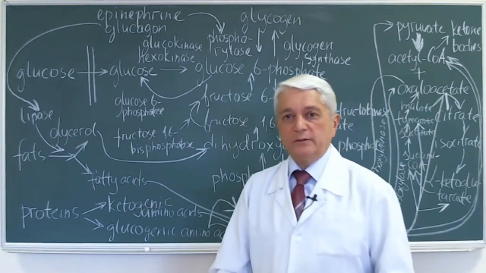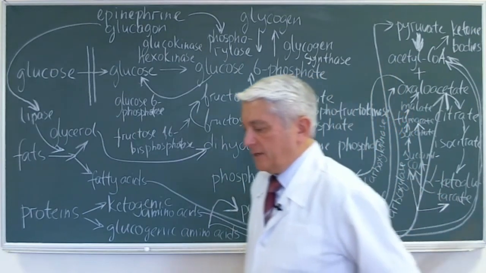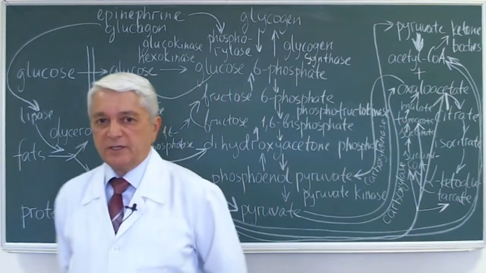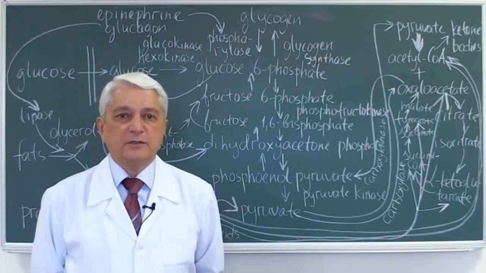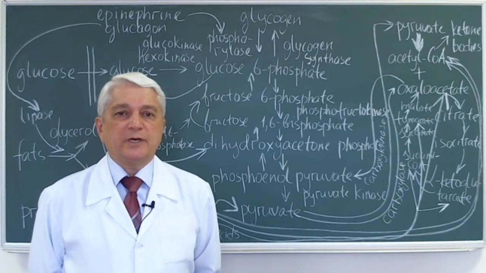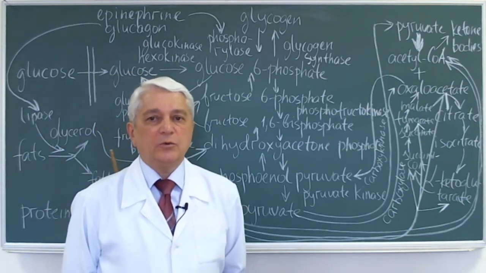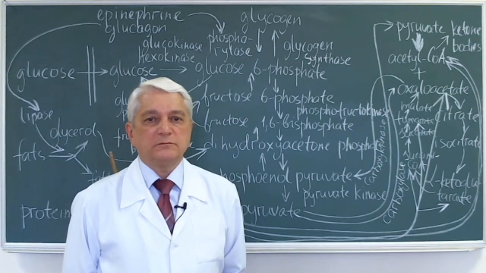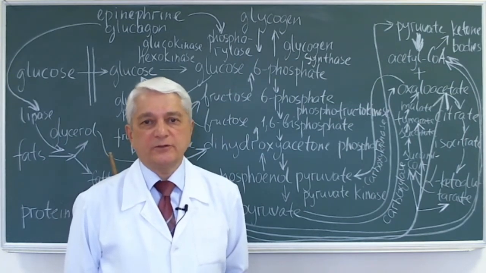I hope that now you have a lot of information, and all these things that I show you on the blackboard we have in the healthy organism. And now we will discuss what will happen at pathology.